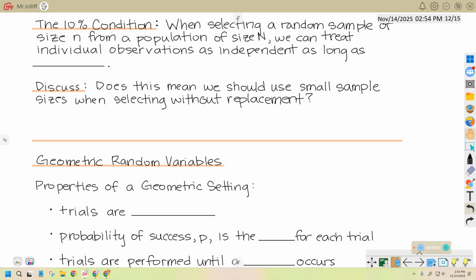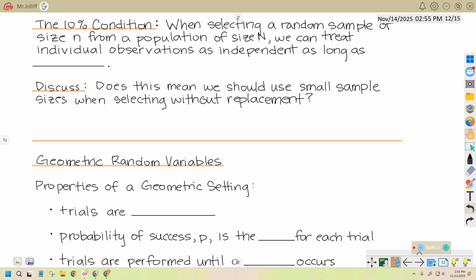On Monday, you took a look at the 10% condition. The purpose of the 10% condition is that when I am sampling or performing repeated trials, I can treat those things as independent as long as my sample is less than 10% of the population.